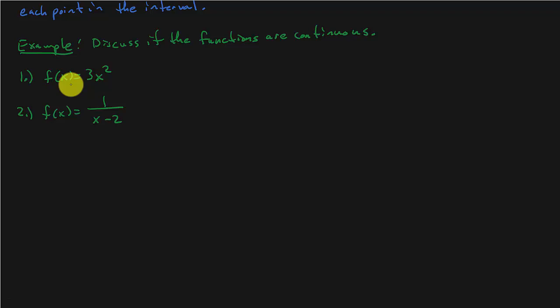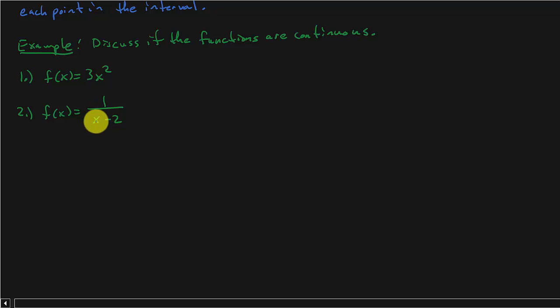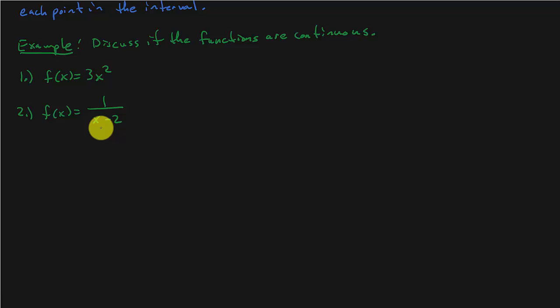However, number 2 here, f of x equals 1 over x minus 2, is not continuous at x equals 2. Because what happens if we plug 2 in for x? We get 1 over 0. And what happens when we get 0 in the denominator? Well, that's undefined.